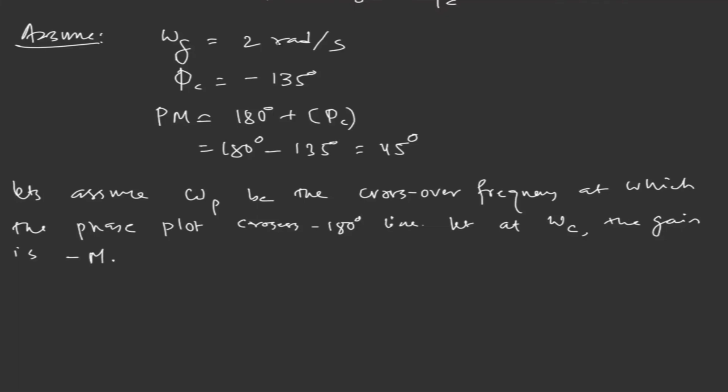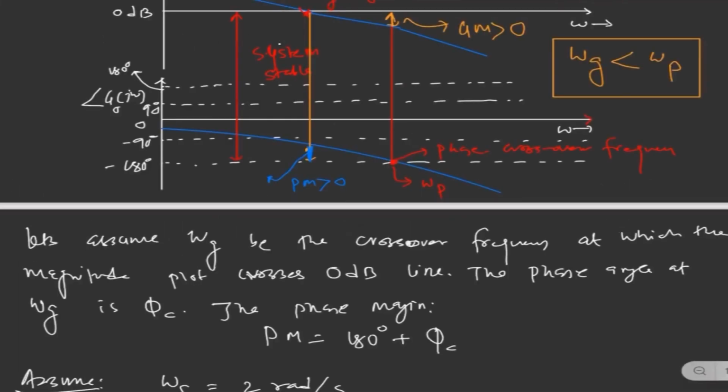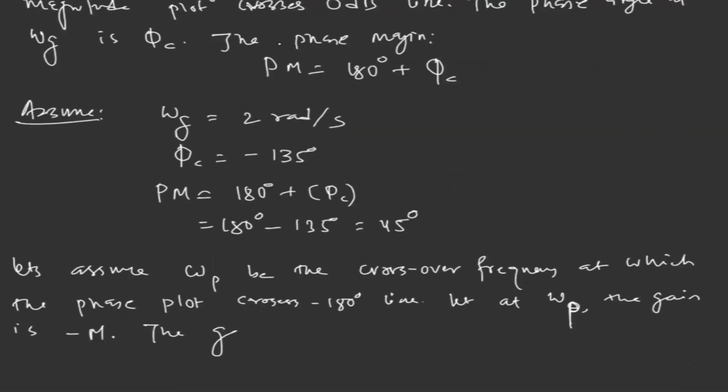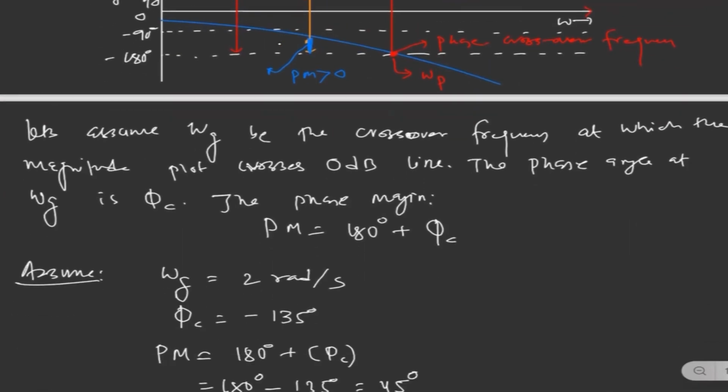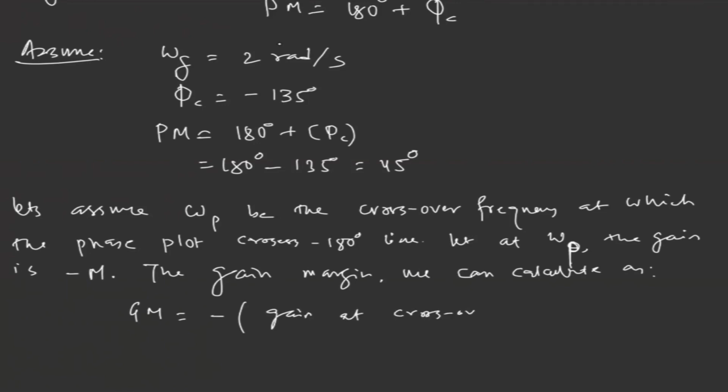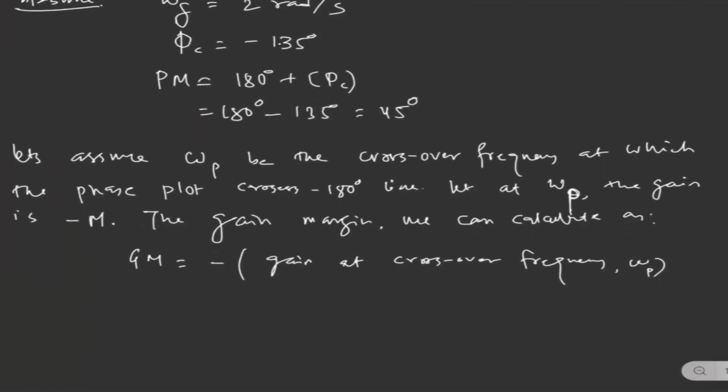Then the gain margin can be calculated as Gm equal to minus the gain at the crossover frequency, omega p, or minus of minus M, which is plus M.